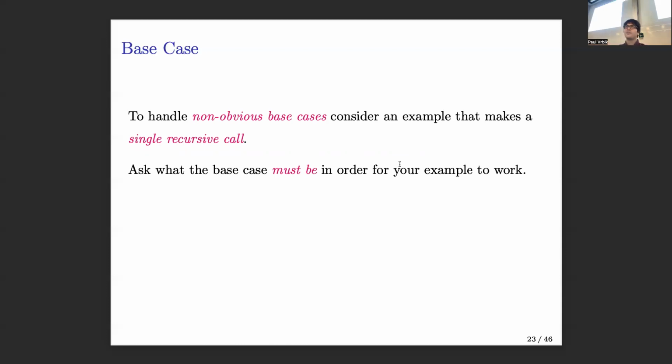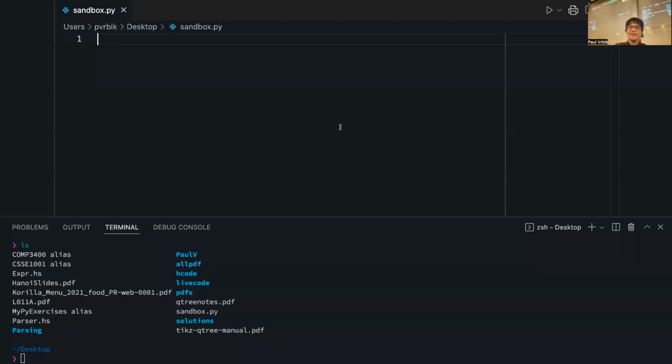Suppose you have add and you're adding the elements of a list. What should the sum of an empty list be? Well, think of this recursively. I'll do that really quickly.